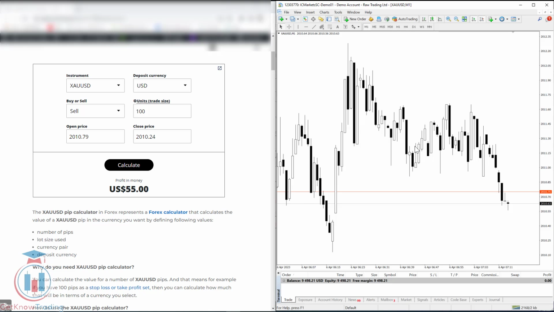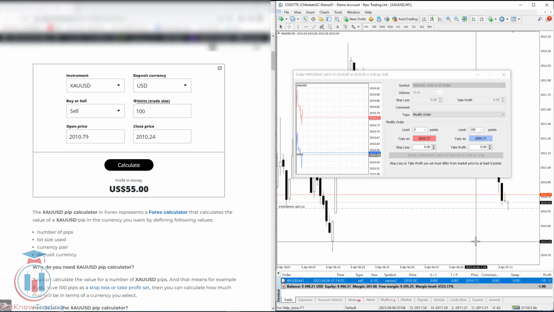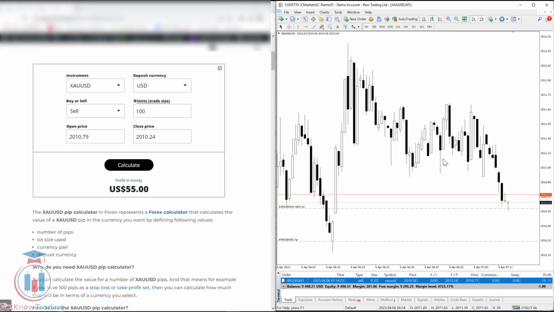Sell by market, click OK, and then let's define the take profit again at 2010.24. Now let's go down there and see the difference is 34 pips, but that would be 10 times less in the value of a pip, which will be $3.40.